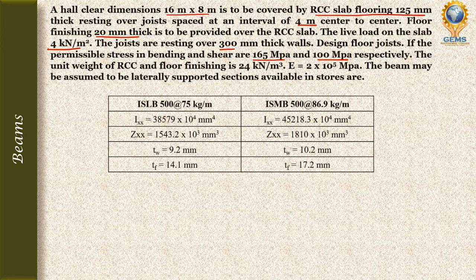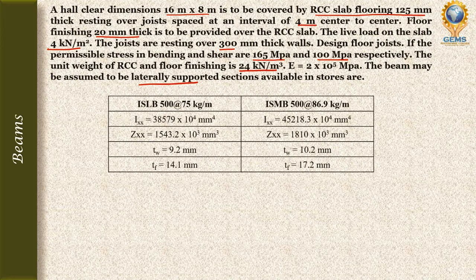The unit weight of RCC and floor finishing is 24 kN per meter cube. Take E as 2 into 10 to the power 5 megapascal. The beam may be assumed to be laterally supported. The sections available in stores are ISLB 500 at 75 kg per meter and ISMB 500 at 86.9 kg per meter.